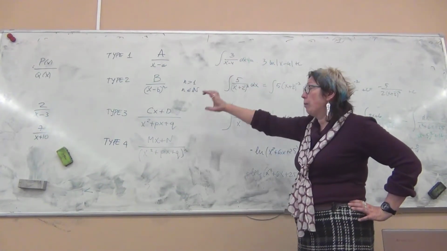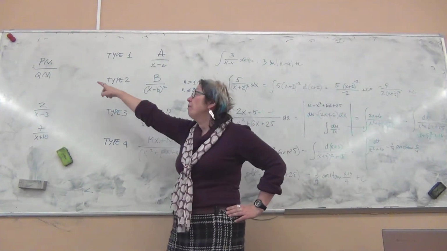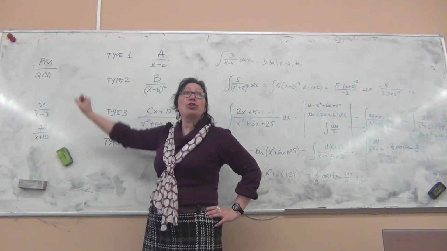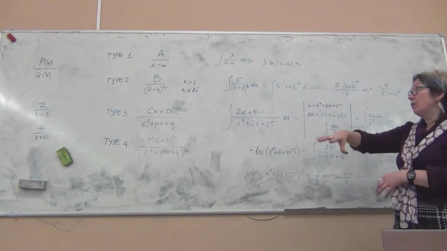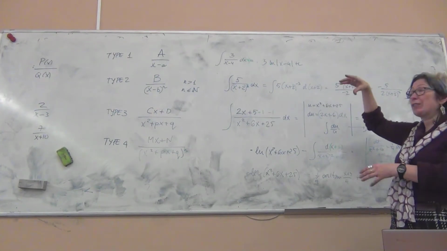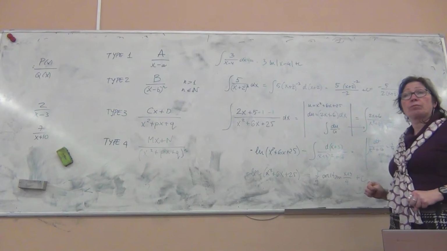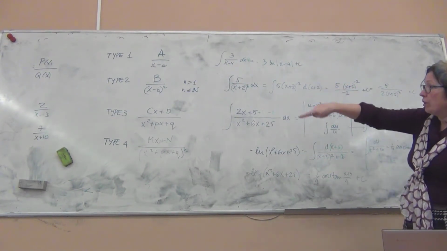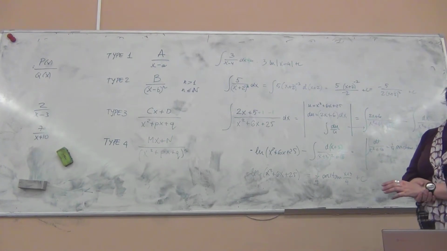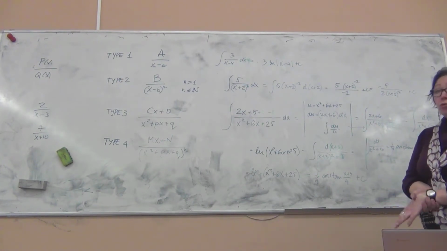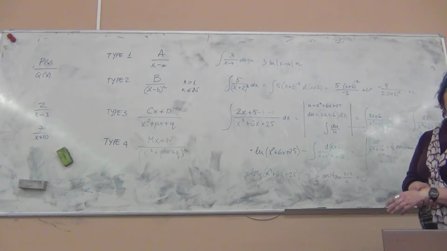Type 1, type 2, type 3, type 4, and it appears that any proper rational function can be resolved, split or expanded into a sum of only these four types of partial fractions. It can be proved, but that's done in the algebra course.